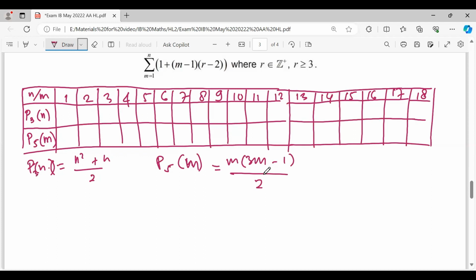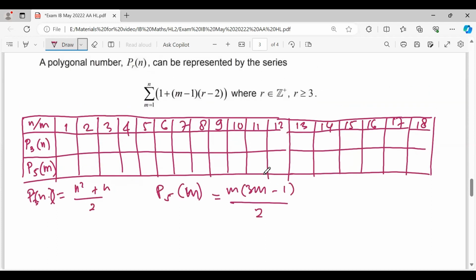If we substitute 1 here, it will be 1. If 2, it will be 3. If 3, it will be 6, 10. If 5, 15, 6, 21, 7, 28.